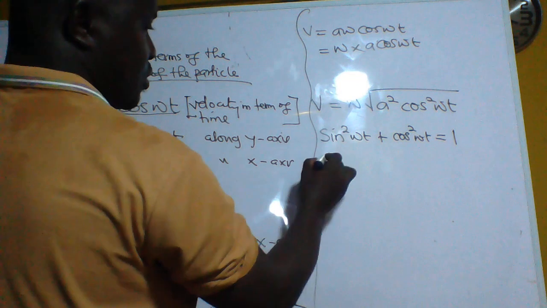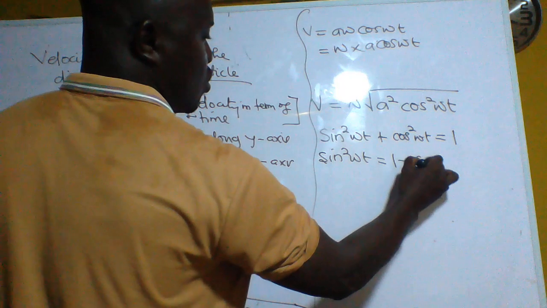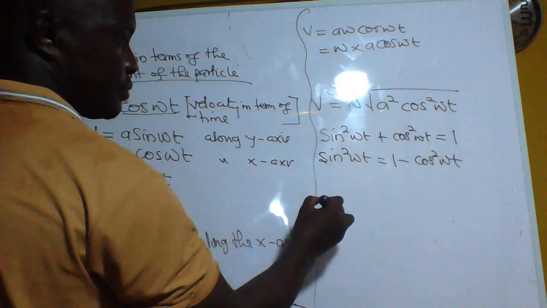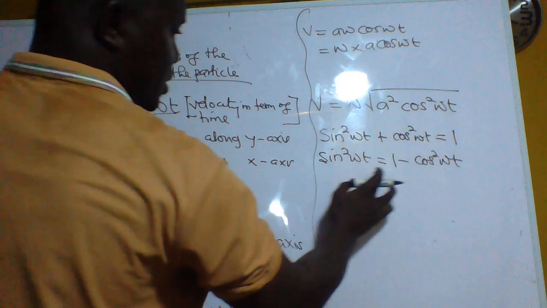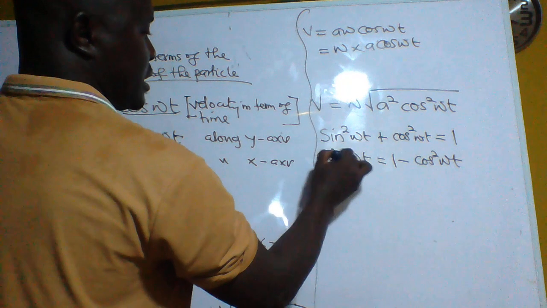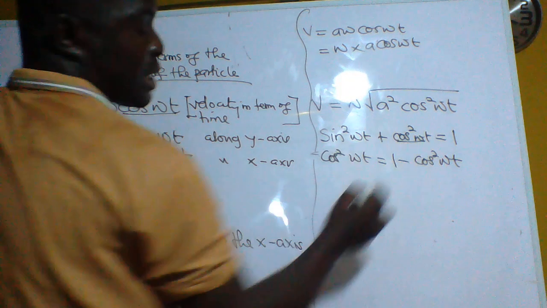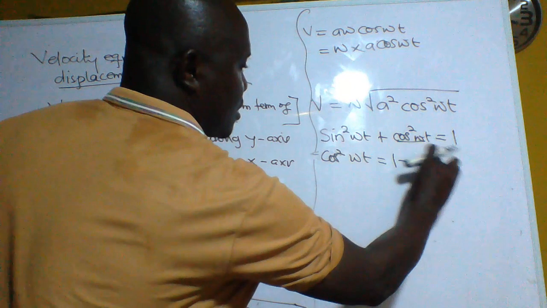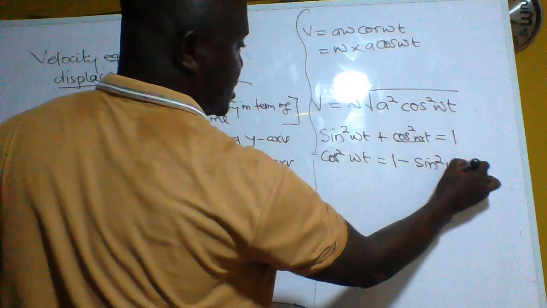If this is it, then when we make cos squared the subject, we have cos squared omega t equal to 1 minus sine squared omega t.